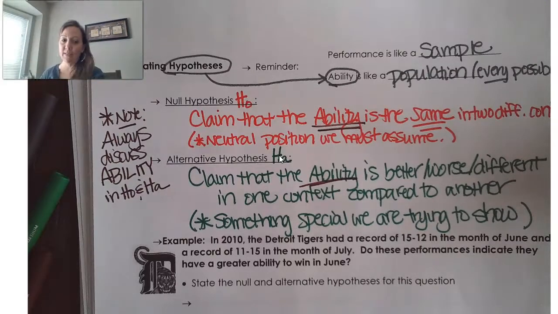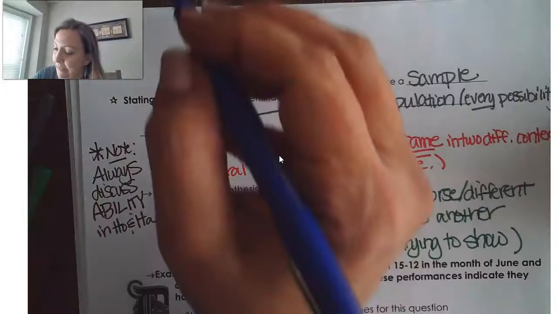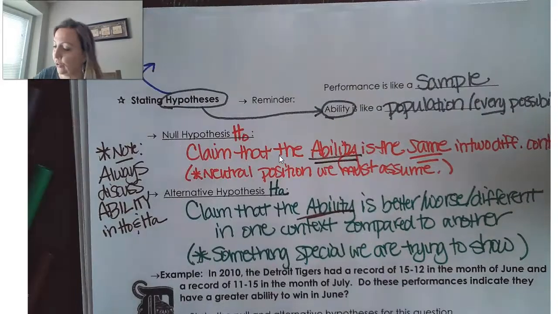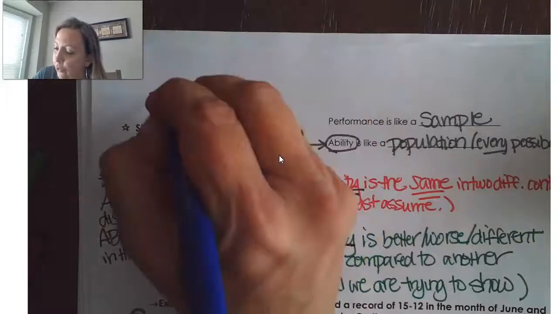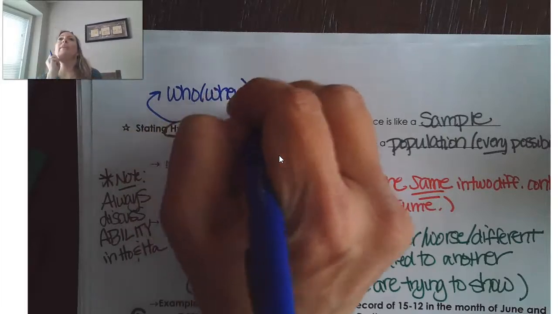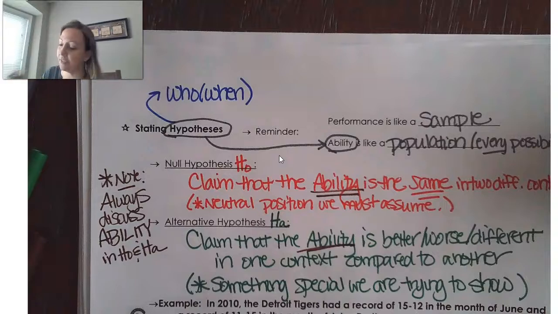Now, when we're doing the hypotheses, here are some things that let's make sure that we include in the hypotheses, okay? So also in the hypotheses, we're going to include the who and the when, because who we're talking about is important, and like we said, things can differ from year to year.